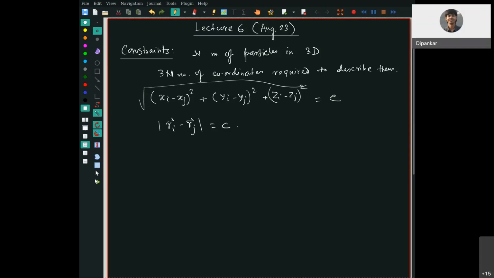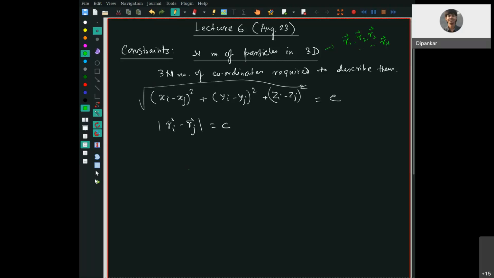So the general idea is that suppose you had n number of particles in 3D with coordinates R1, R2, R3, and so on, up to Rn.